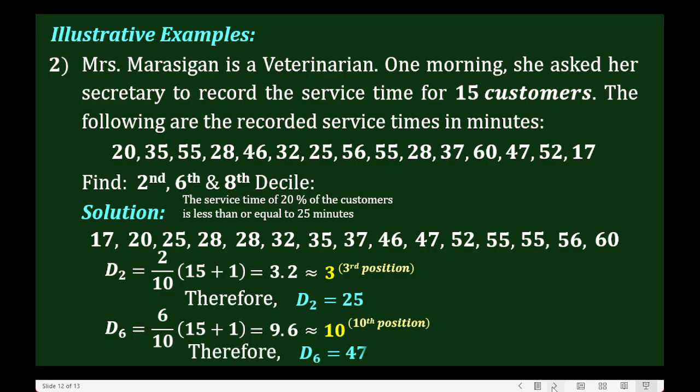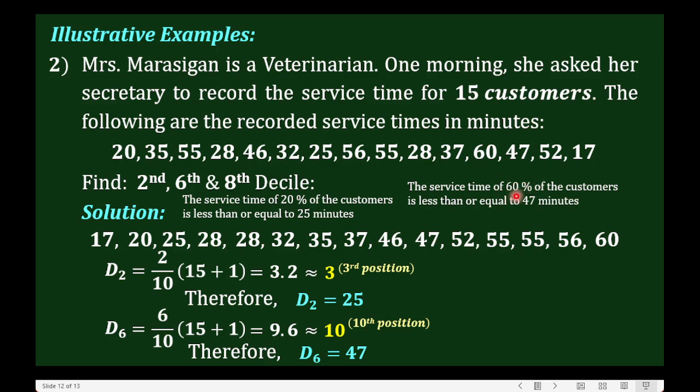Nang ibig sabihin, okay, if our sixth decile is 47, the result means the service time of 60% of the customers is less than or equal to 47. Maybe some of you are asking, where did I get 60%?